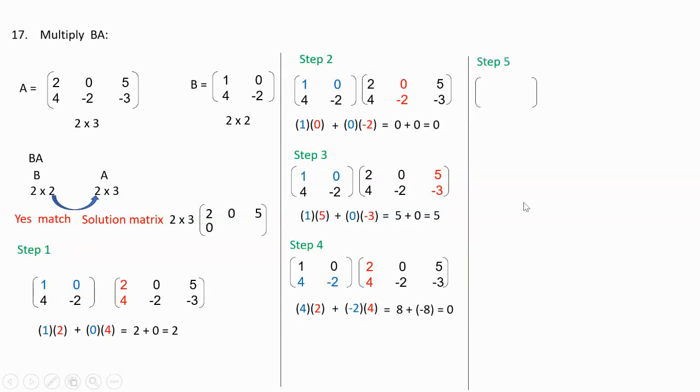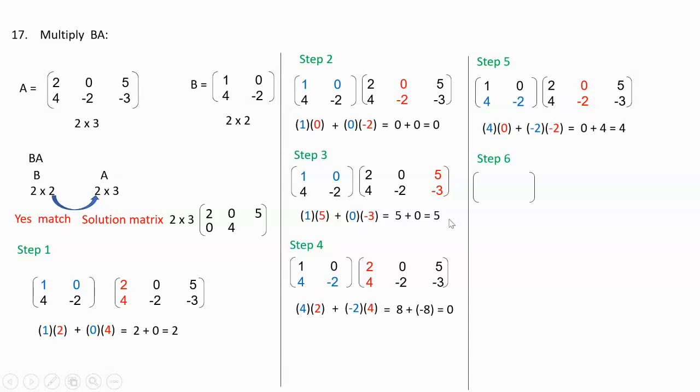Now comes step 5. So we're going to multiply the second row times the second column. That's why it's in red. So 4 times 0 plus negative 2 times negative 2, which will give us positive 4. So the answer that goes on the second row, second column will be 4.